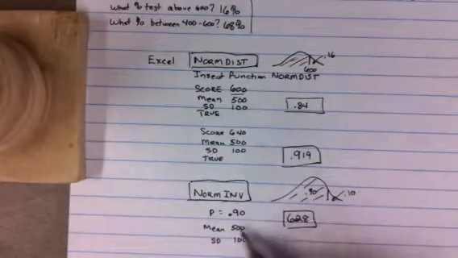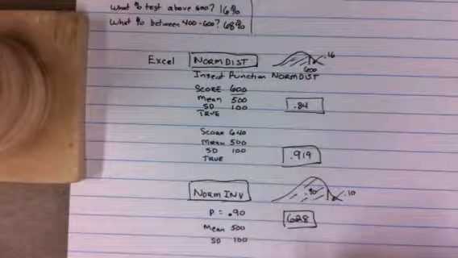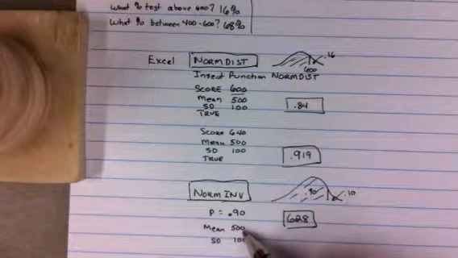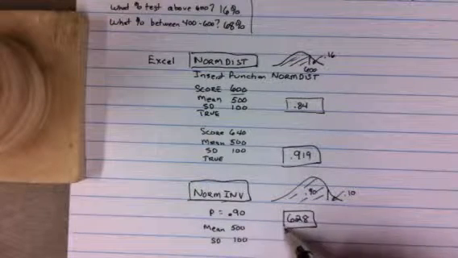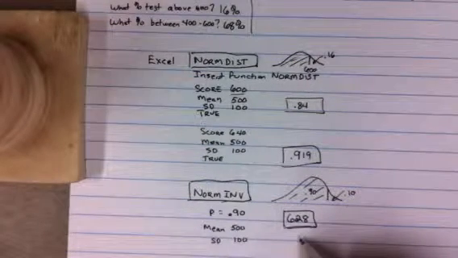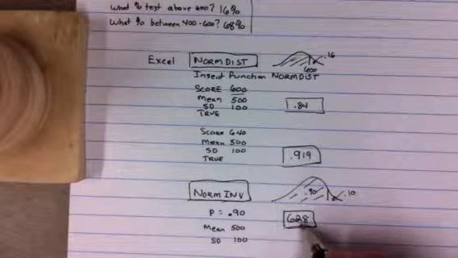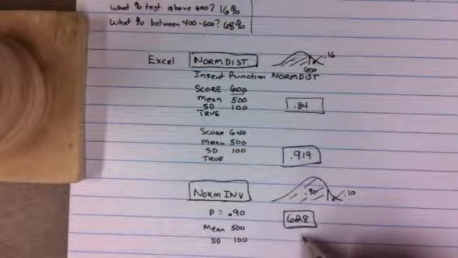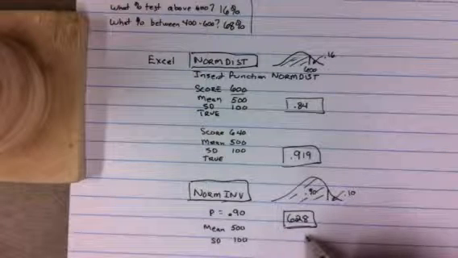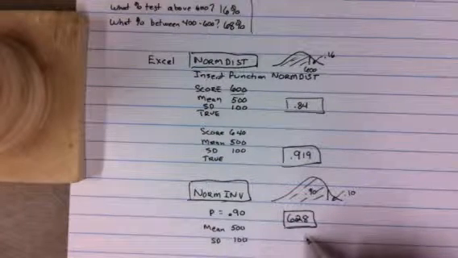It's 90%. I put in 0.90 for P, 500 for the mean, standard deviation of 100. It comes back as 628. So we recognize that there's no such thing as a 628 on the SAT. So everybody that scores 630 or above is actually in the top 10%.